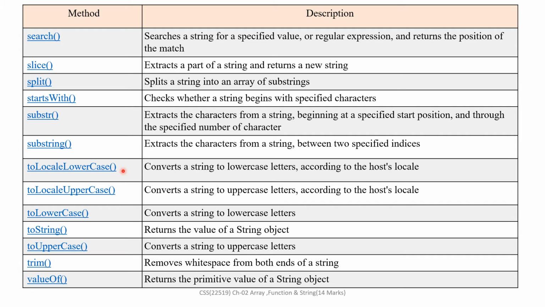If strings ABC and XYZ are there, then ABC and XYZ remain the same. After applying this substring function, it will extract the specified characters from the string, but the actual string remains as it is, and it returns a new value as a substring. We will see these methods in detail one by one.